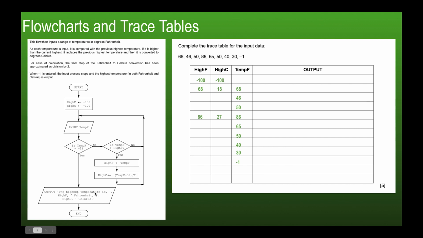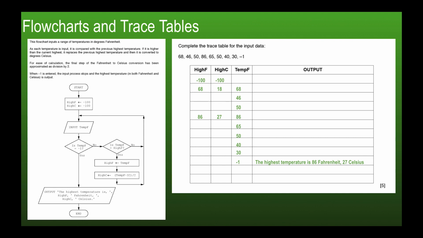It says the highest temperature is, comma, space, end of text string, comma, variable high F, comma, new text string, space Fahrenheit, comma, space, end of speech mark, comma, high C. So the variable high C, comma, space, Celsius. So the highest temperature is high F, 86, Fahrenheit, 27, that's the high C, Celsius. The highest temperature is 86 Fahrenheit and 27 Celsius.